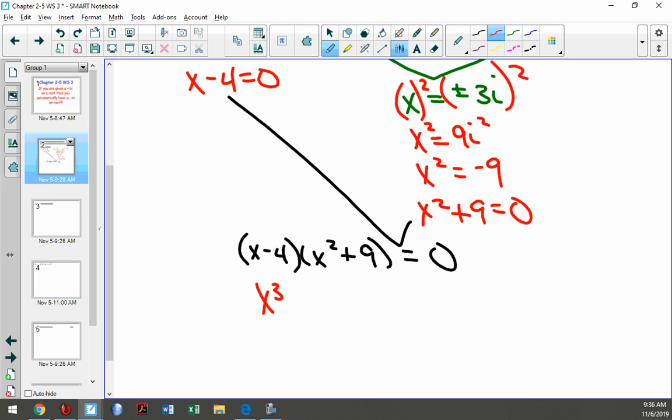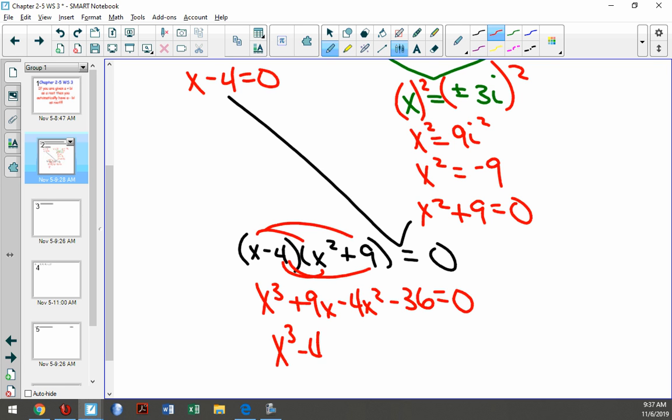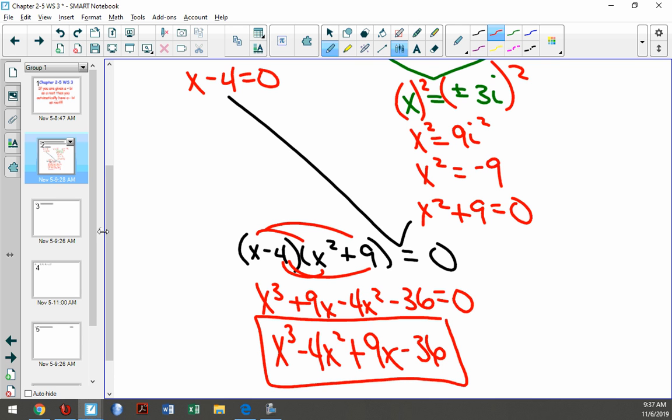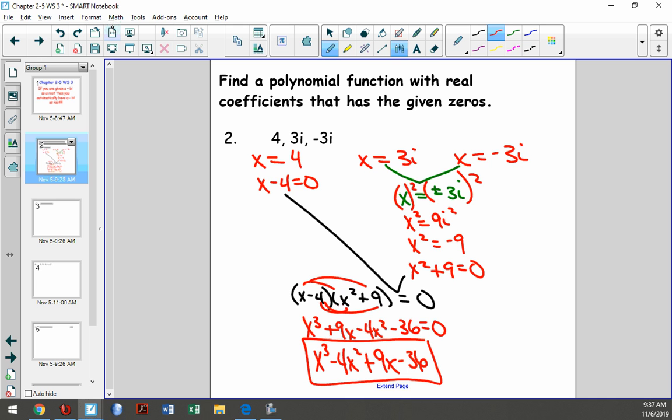So that's x cubed plus 9x minus 4x squared minus 36 is equal to 0. I'm going to put this from highest degree to lowest degree. X cubed minus 4x squared plus 9x minus 36. This is an example of a polynomial with those given roots. Do we understand that? We good?